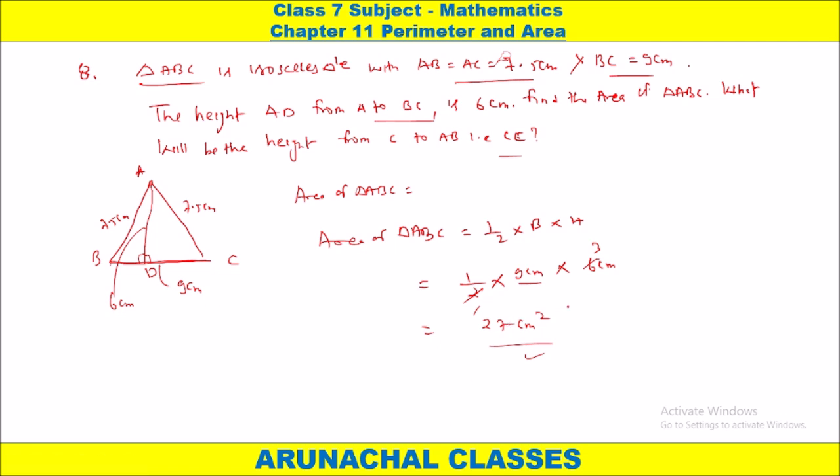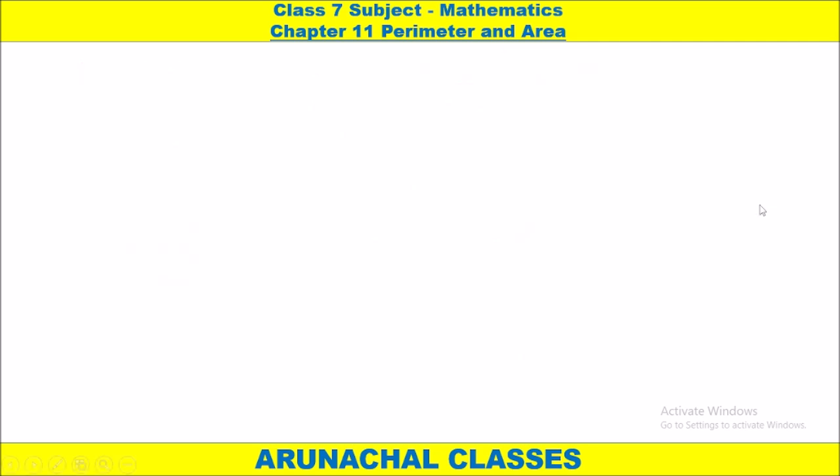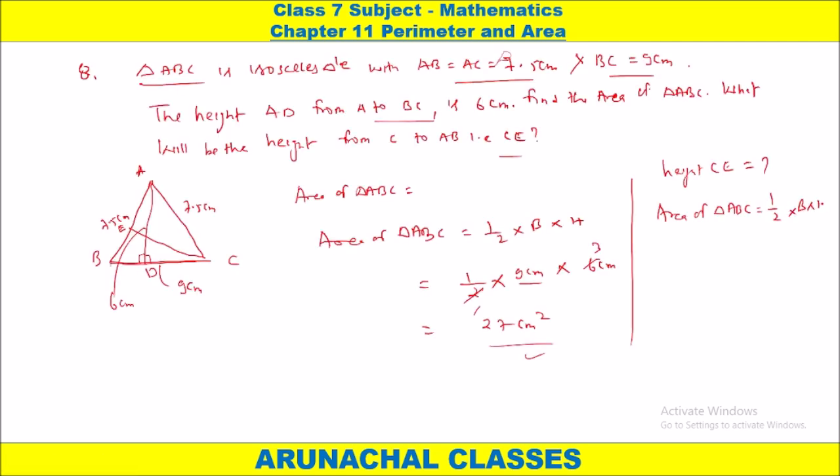Now what will be the height from C to AB, that is CE? Now we have to find out the height CE. Again we will utilize the same formula. Area of triangle ABC is equal to half base into height.